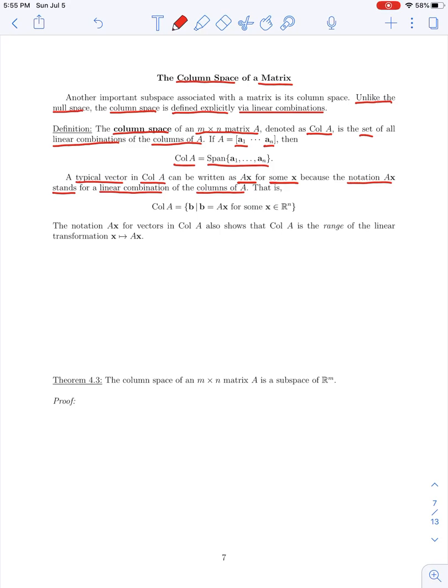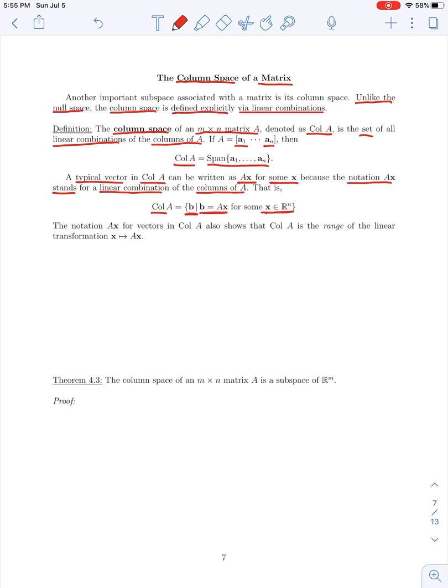Another way we could define the column space of A is as the set of vectors b such that b is equal to A times x for some vector x in Rn.